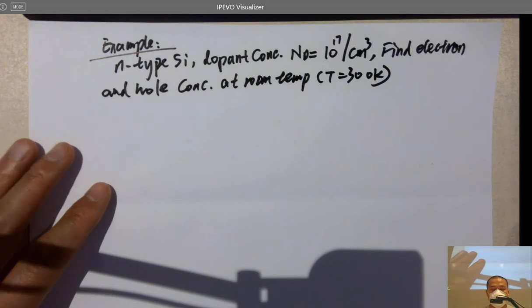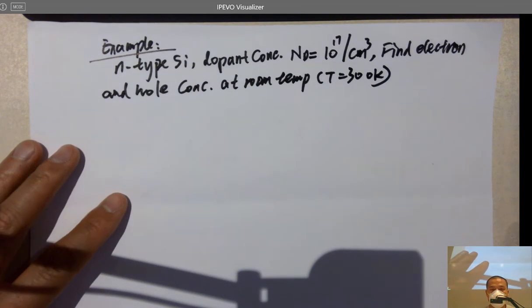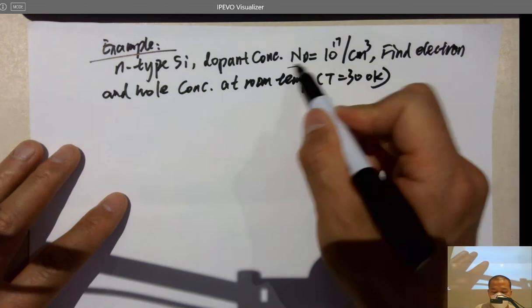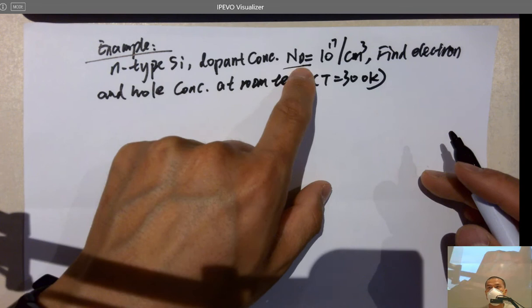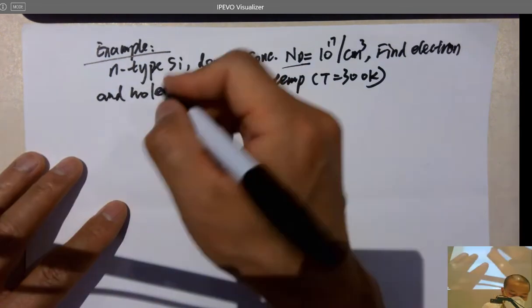N-type. Makes sense because that's a donor, electron donor. Okay, so Nd equals to what?